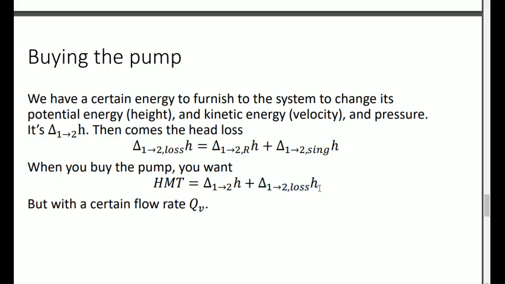So it's pretty straightforward. You have the shift in potential energy, the shift in kinetic energy, the shift in pressure in that term, plus the loss, so singular and regular ones. But you also want to have a certain flow rate because you don't want to have a good pressure but a very slow fluid, because if you have a low flow rate, the HMT will convert mostly into pressure, but your fluid will be very slow.